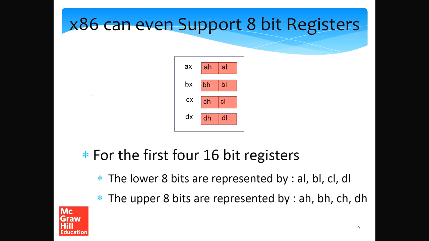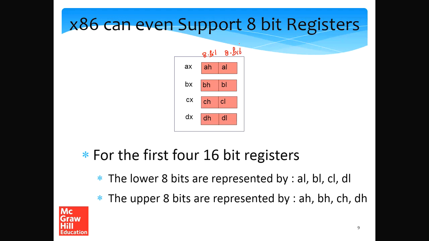So x86 can actually take the argument slightly further. It can even support 8-bit registers. So the AX, BX, CX and DX fields are further subdivided into two 8-bit fields. This is to ensure that we are compatible with some of the earliest 8-bit processors.